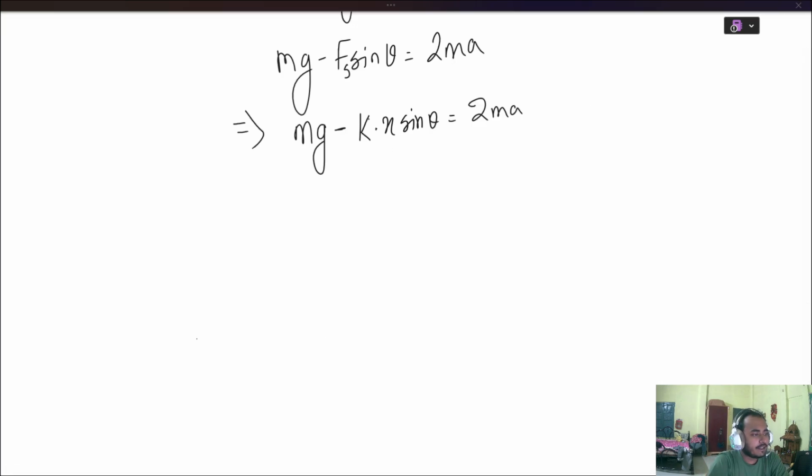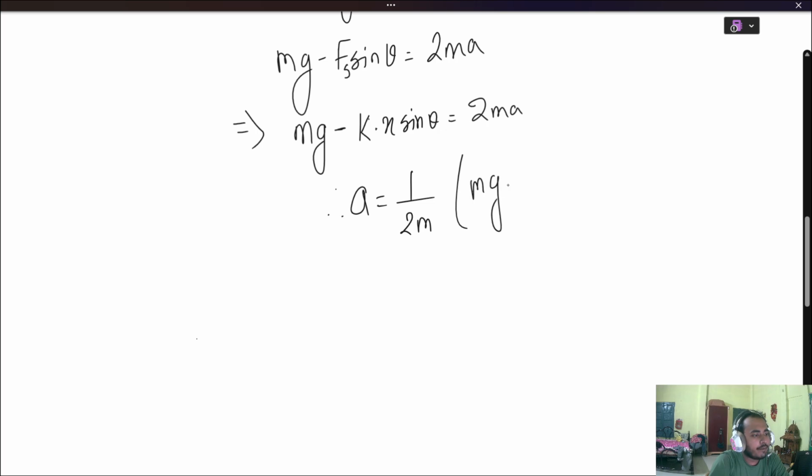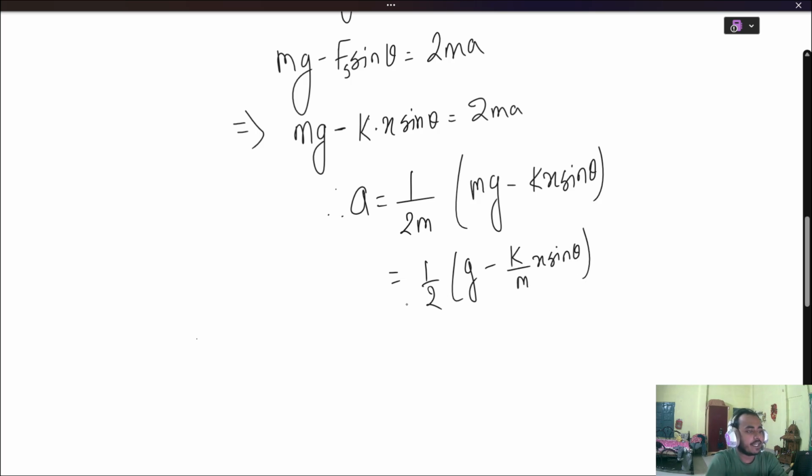Now, after we obtain this, we can now find out the value of acceleration from this. So acceleration should be basically 1 by 2m whole into mg minus kx sine theta. And if you were to put the m inside, it should simply give you a half whole into g minus k by m into x sine theta, where x is the extension of the string.